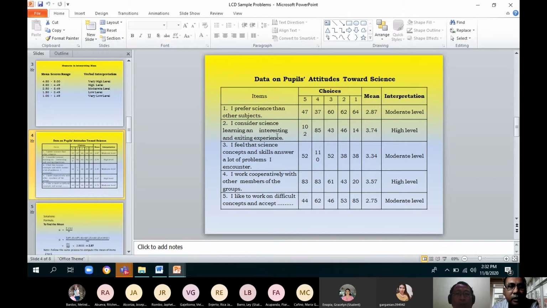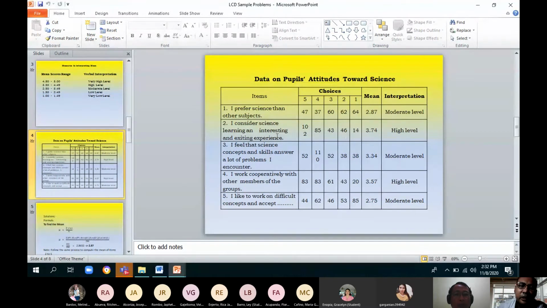For example, in question 1, there are 47 respondents who answered 5, who always prefer it. The other one is 4, then 3, 2, 1 respectively. Then find the weighted mean.